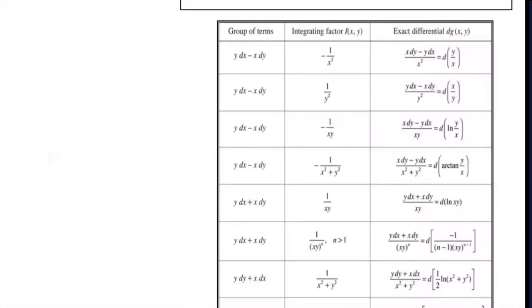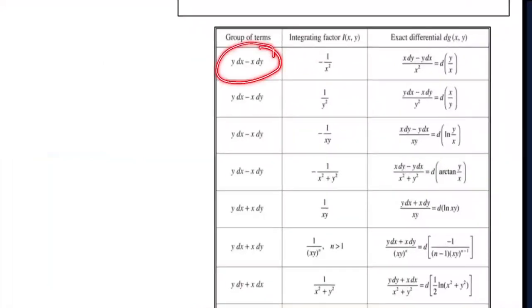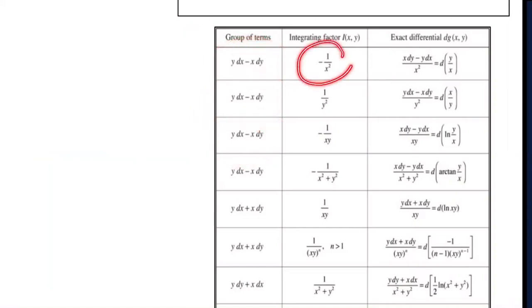Minus y dx. So dito, what can you say? Dito, baliktad lahat siya, no? If you will refer dito sa table na to. But as you can see dito, may negative sign siya. Okay? So meaning, you can actually use the positive integrating factor.